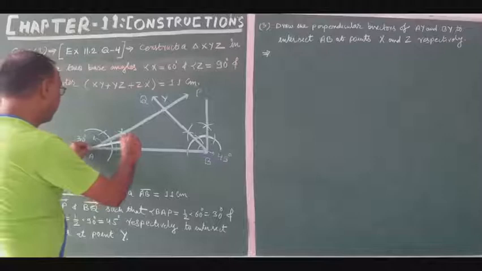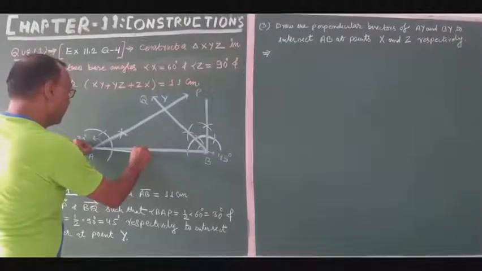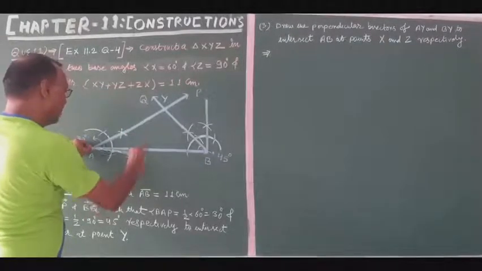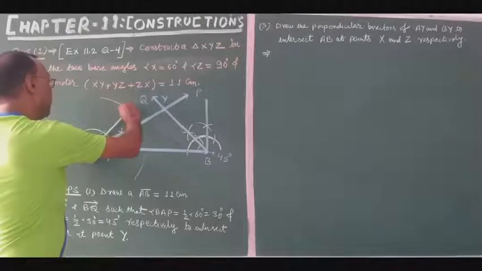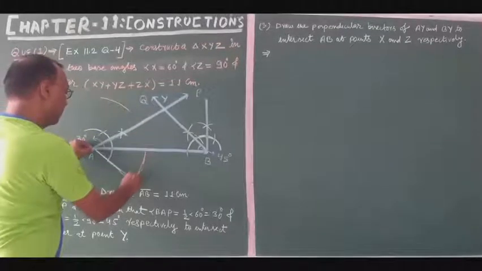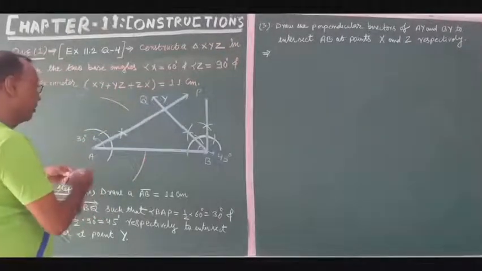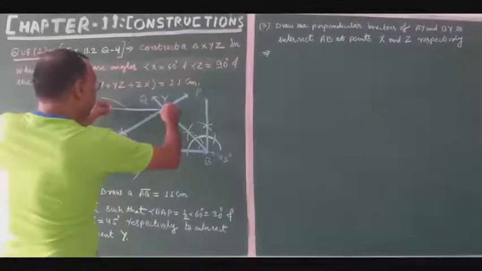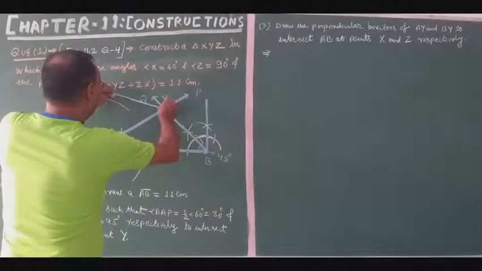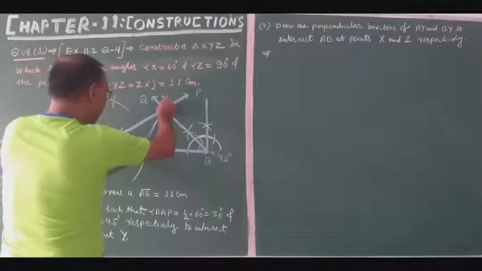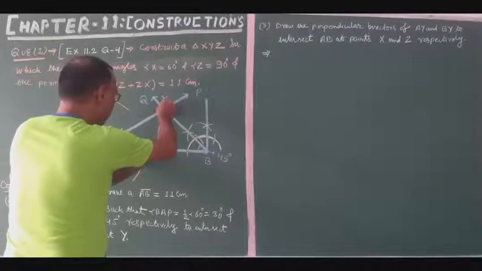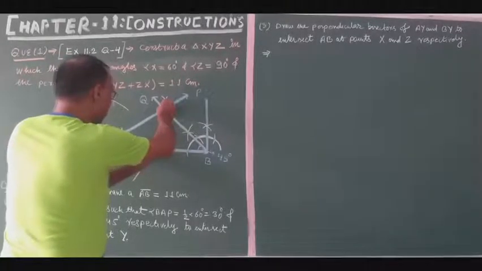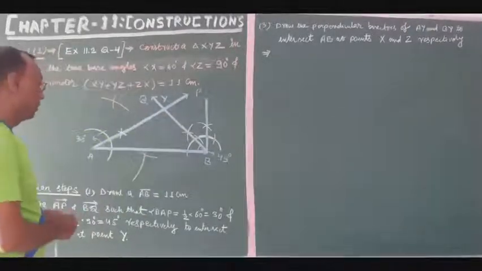We will cut off two arcs either of the sides, here and here. Is it there? And same process we will do from the point Y. So they are intersecting here. Is it there? So we will join them.